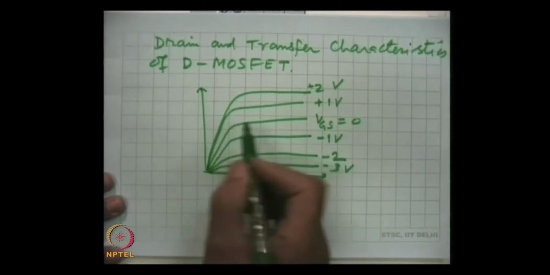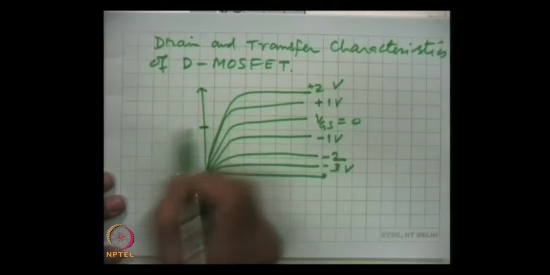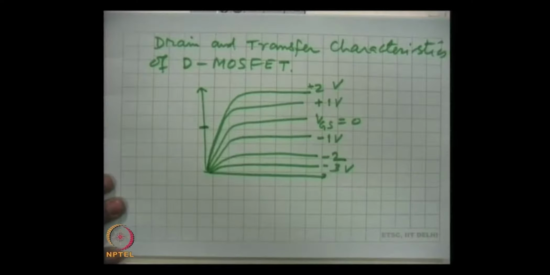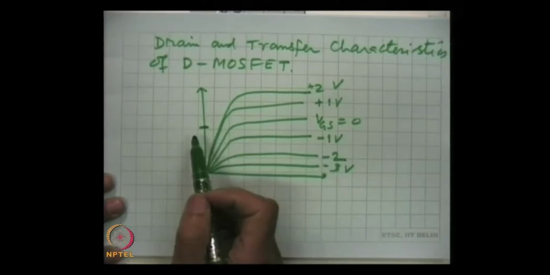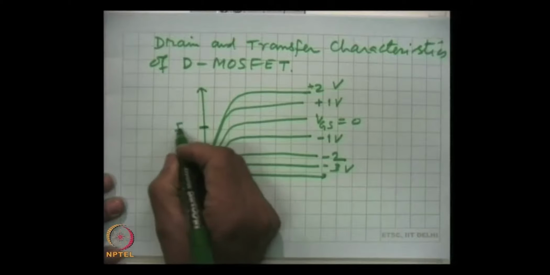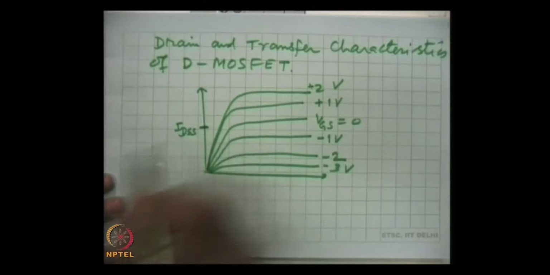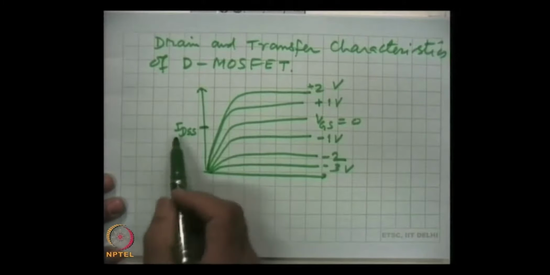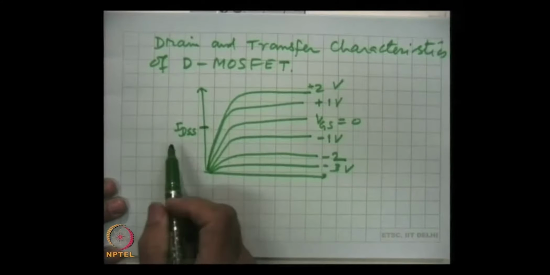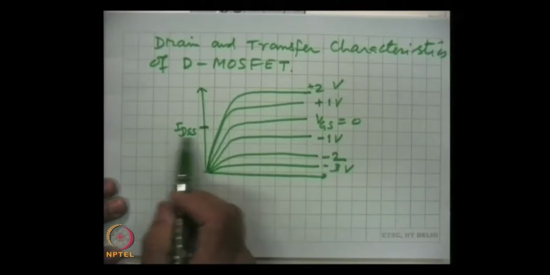So, when the gate source voltage is 0, what is the current flowing? We still call it IDSS. The drain current when the gate is shorted with the source, that current we continue to call IDSS.